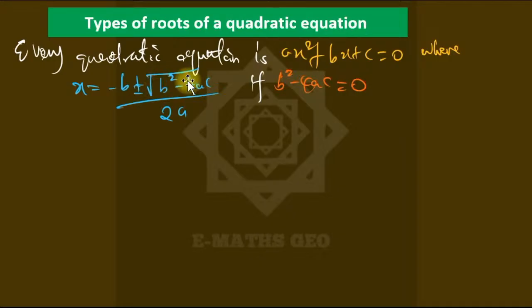If you plug in this, you see that the answer will now be minus b over 2a. But everybody here knows that the answer should be 2.